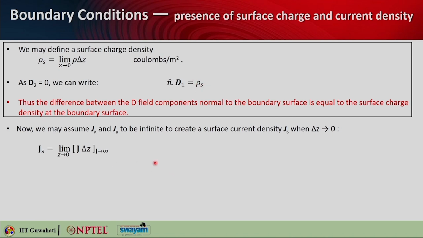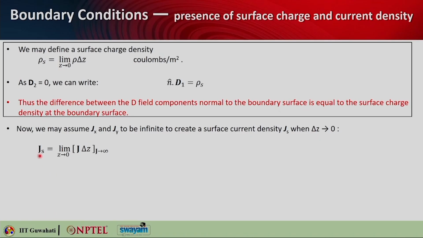Similarly, when you assume that the surface current density along x and y is infinite, to create a surface current density Js when delta z, the thickness of this pillbox, goes to 0.